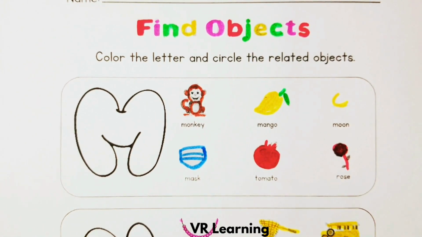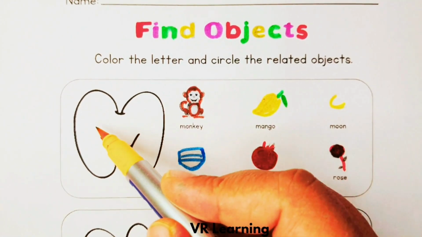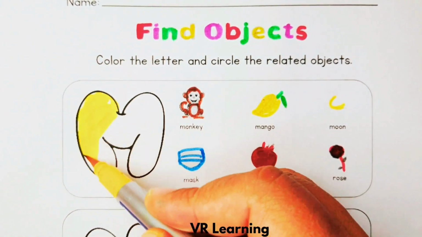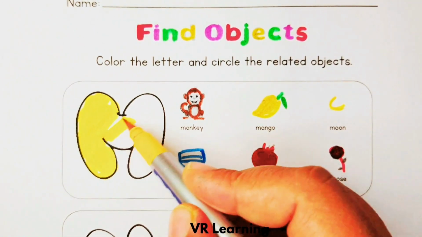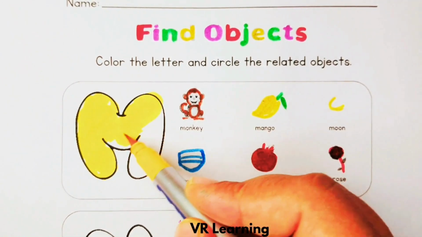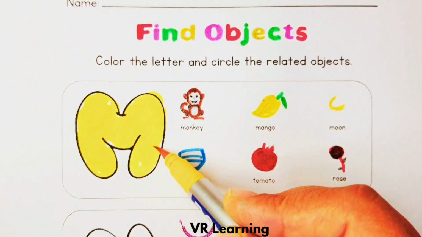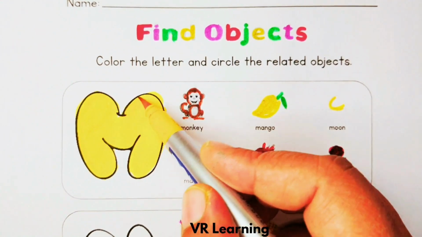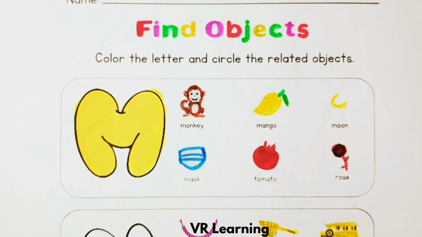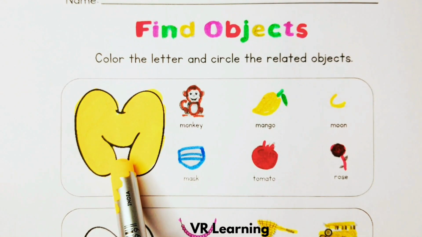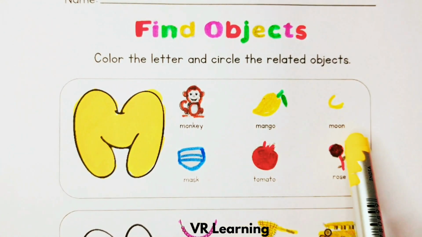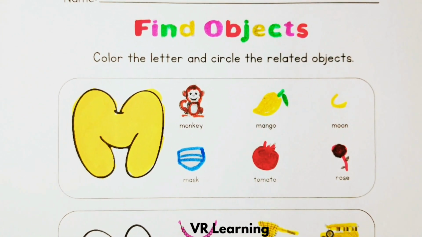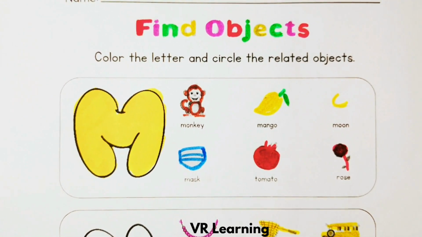This is letter M. Let's color the letter M. This is letter M. Monkey, mango, moon, mask, tomato and rose. Let's circle the letter M objects.